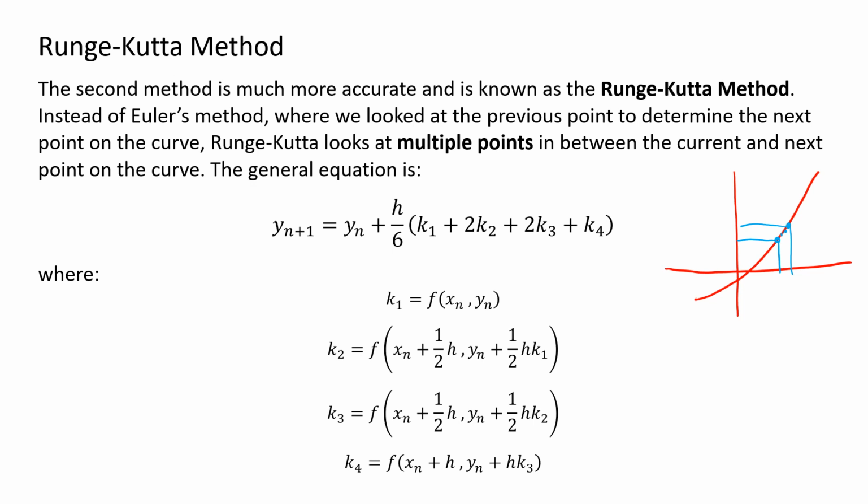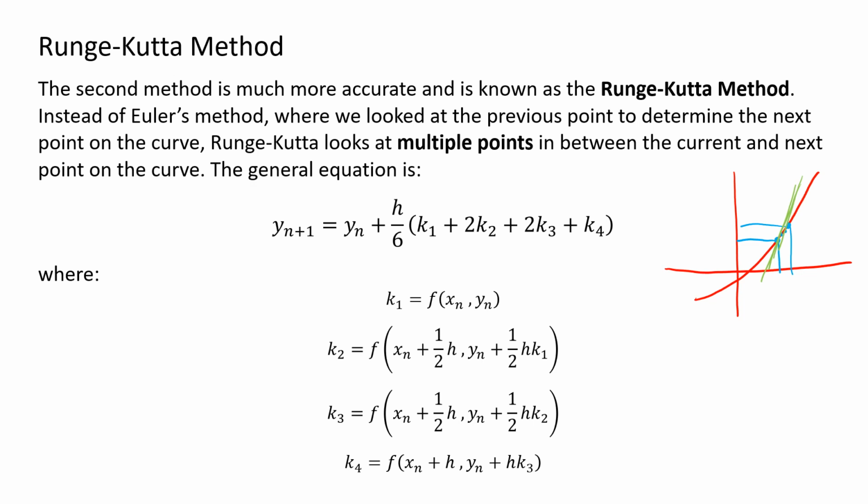That was Euler's method. The Runge-Kutta method actually looks at the slope at 4 different spots in between the first point and the second point. So you picture you're finding the slope here, and then here, and then here, all the way until you get to that last point.